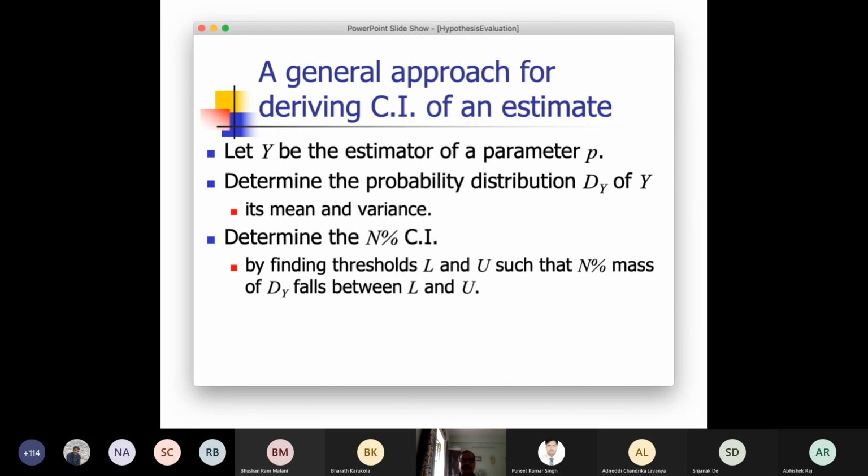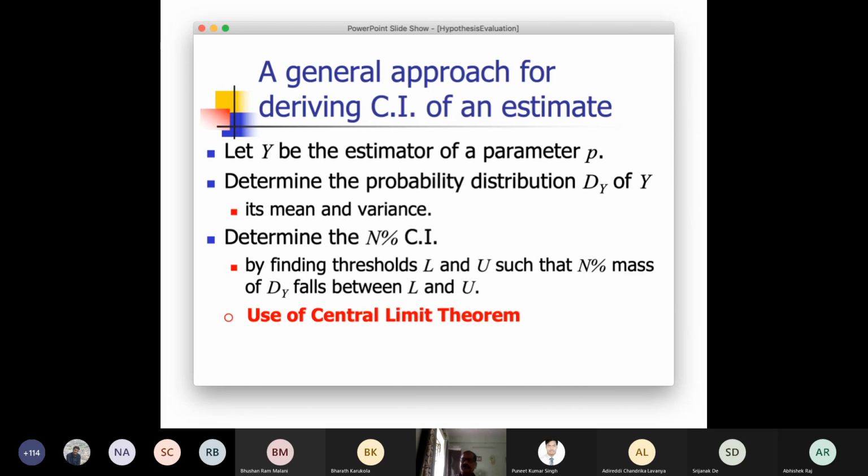Now, our objective is to determine the n% confidence interval by finding its thresholds. I told you the binomial distribution follows a normal distribution, which has connotations here. So you can also consider them as if they are normal distributions with those means and standard deviations.